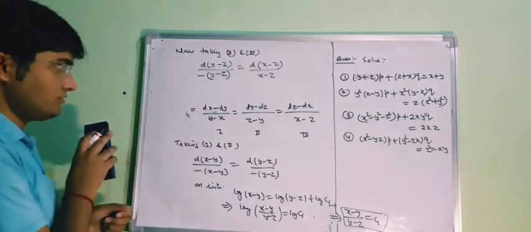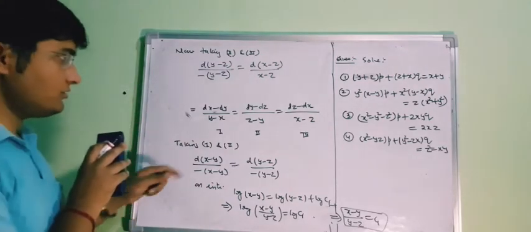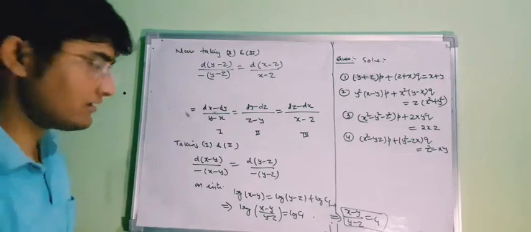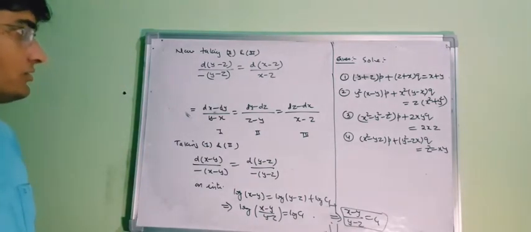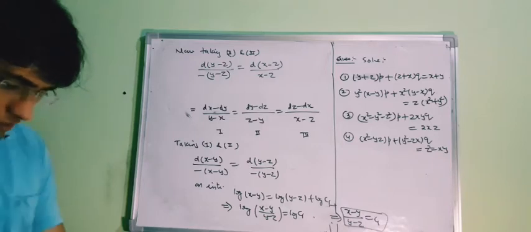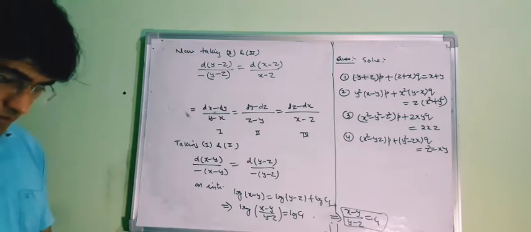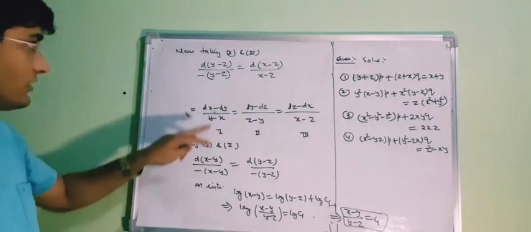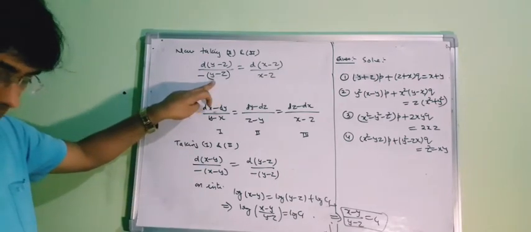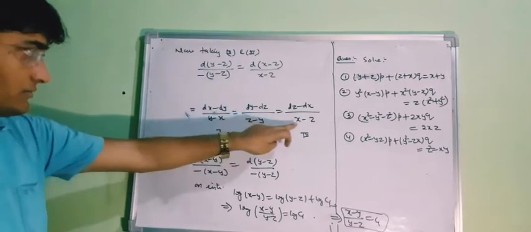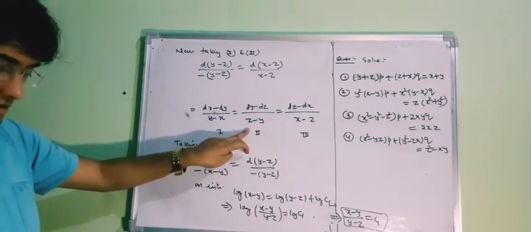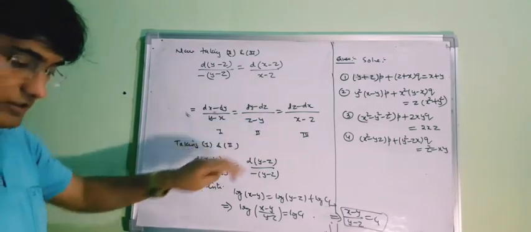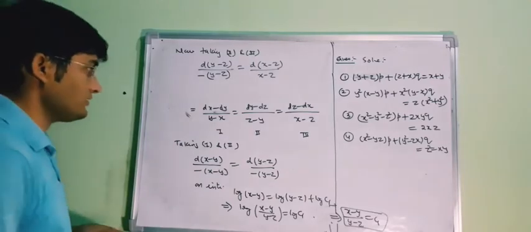I think this has to be z minus x. Let me cross check the problem. This was z minus y, and here x minus z. So dy minus dz upon z minus y equal to dz minus dx upon x minus z. Okay, it is correct.